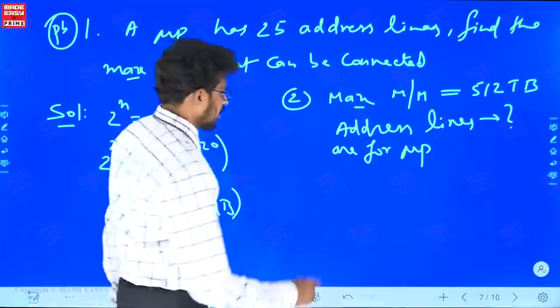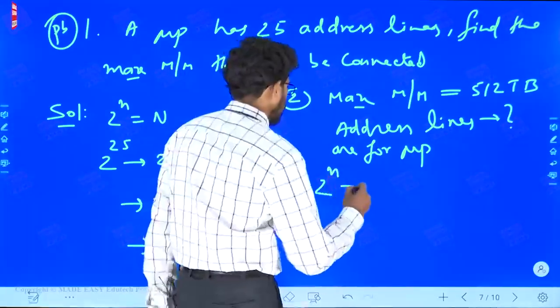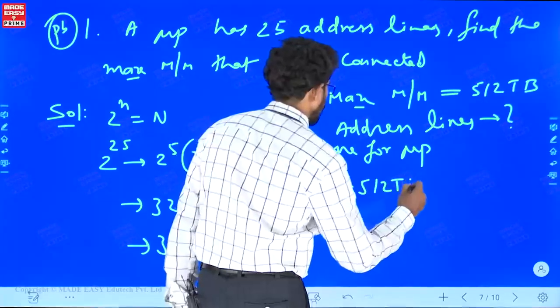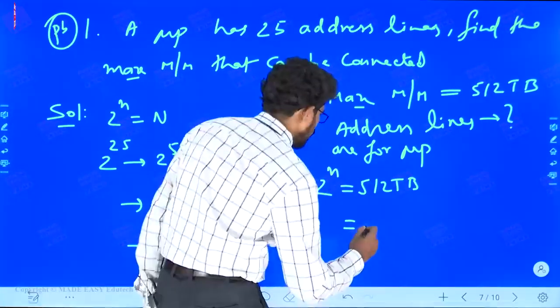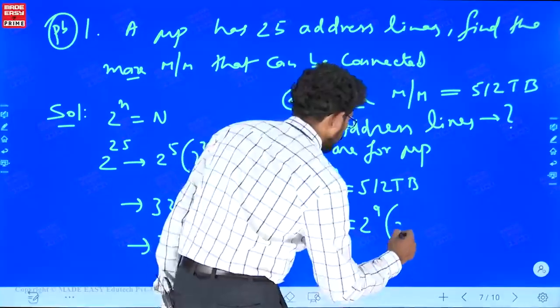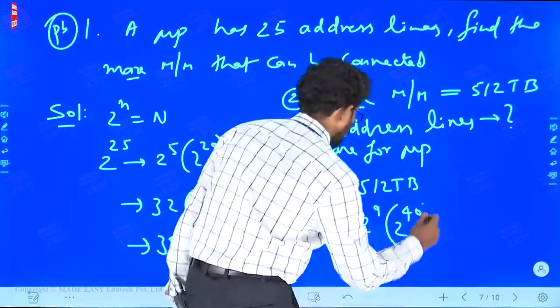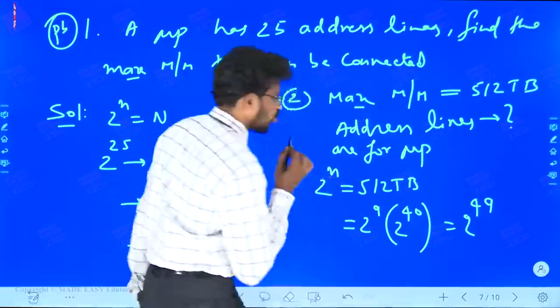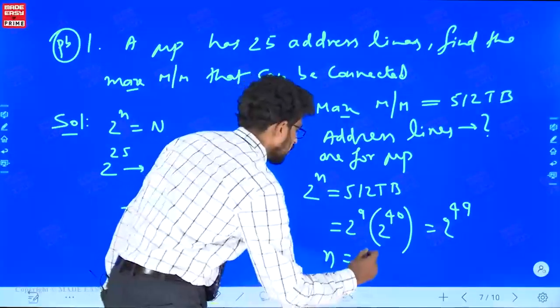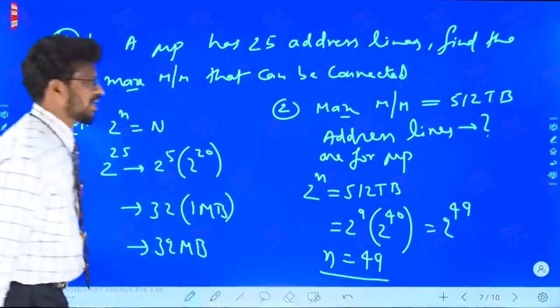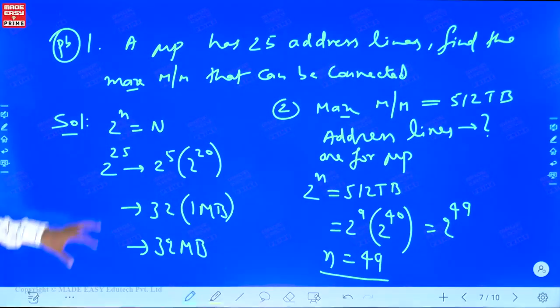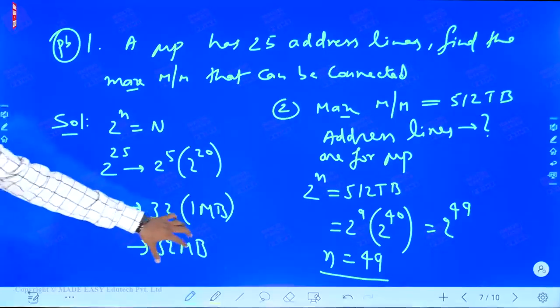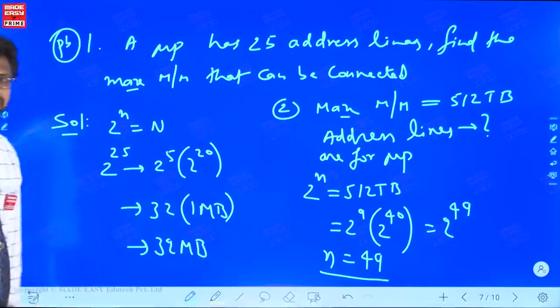Reverse, very easy. 2 power n is given as 512 terabytes. 512 is 2 power 9. 1 terabyte is 2 power 40. Therefore, 2 power 49 is equal to 2 power n. The value of n is equal to 49. This is how you find the memory or the address lines.